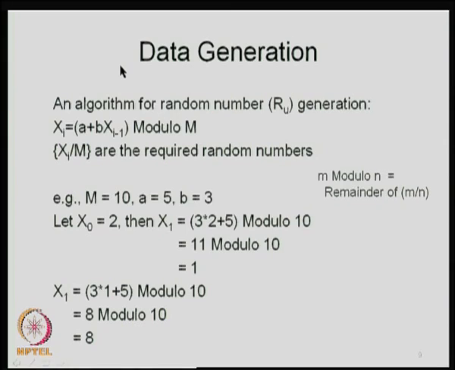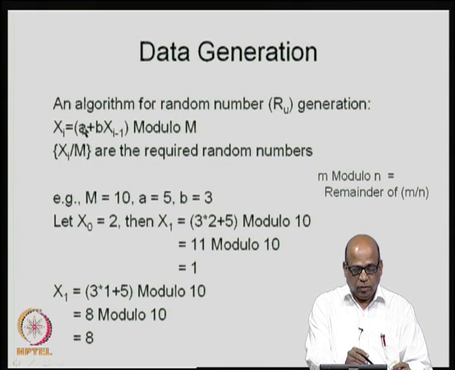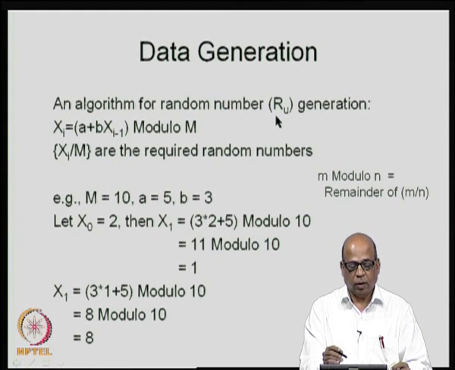So, let us see a very simple algorithm by which a sequence of random numbers following a uniform distribution in the interval 0 and 1 can be generated. When I say random number here, RU indicates a random number belonging to the uniform distribution in the interval 0 and 1.